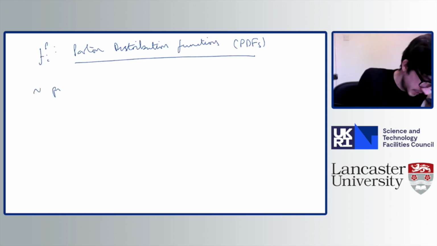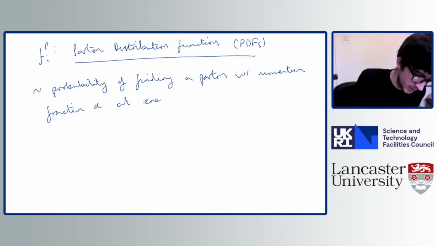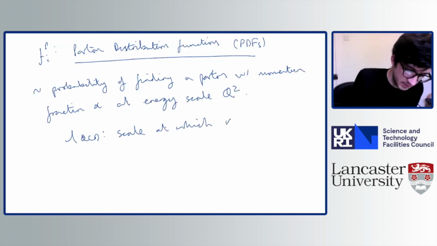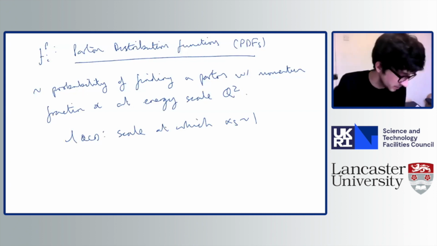And this is essentially the probability, as we'll discuss, of finding a parton with some momentum fraction x at an energy scale q squared, squared energy scale q squared. And again, just to be clear, lambda QCD is the scale at which alpha s is of order 1, so precisely the scale of these binding effects and hadronization effects, by the same sort of idea, same sort of argument.